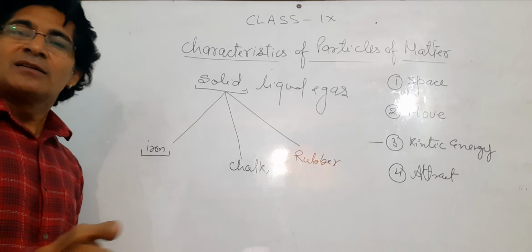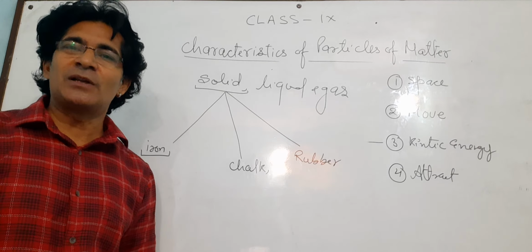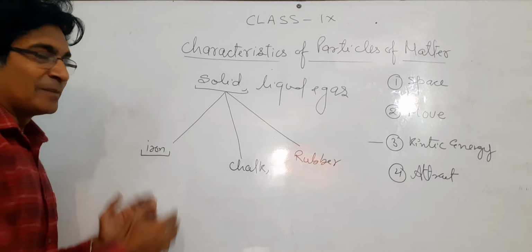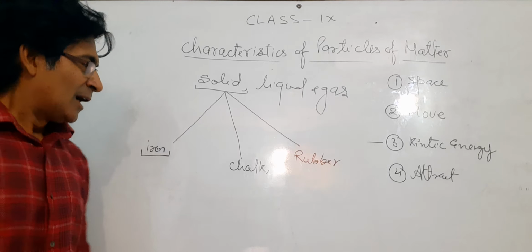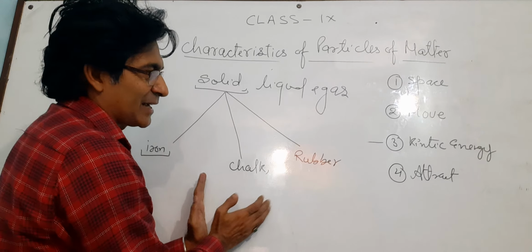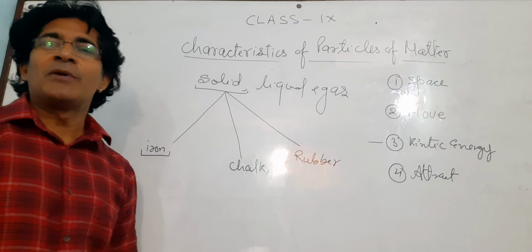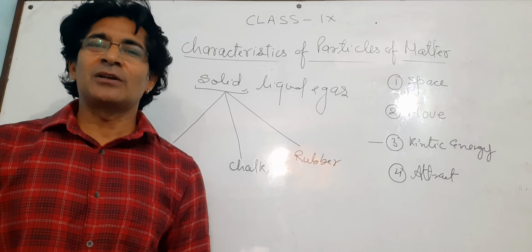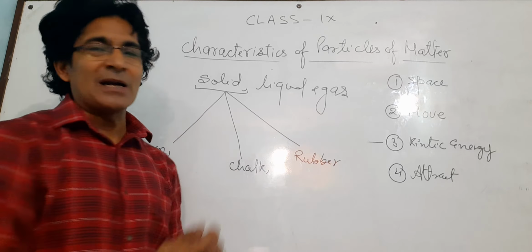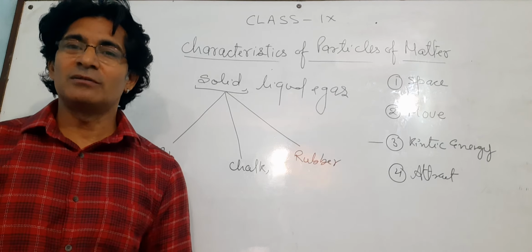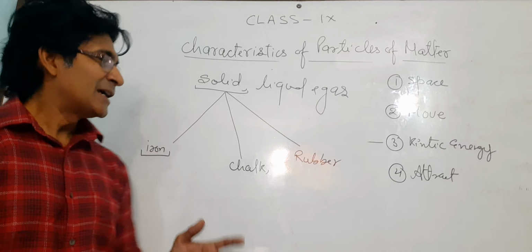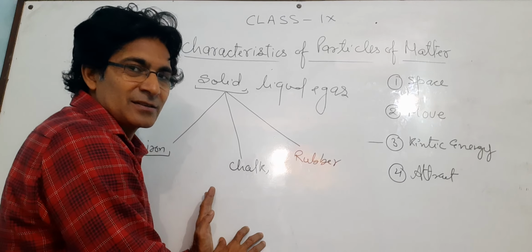The greater the force of attraction between the particles, the harder the matter will be. And chalk and rubber are delicate because the force of attraction between their particles is not so strong. That is why they are delicate.